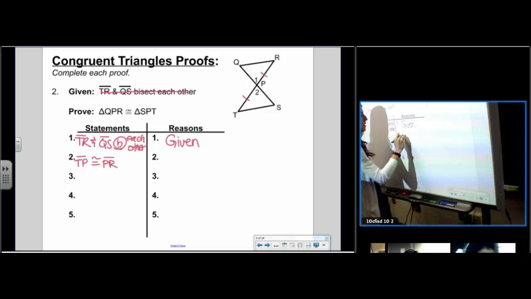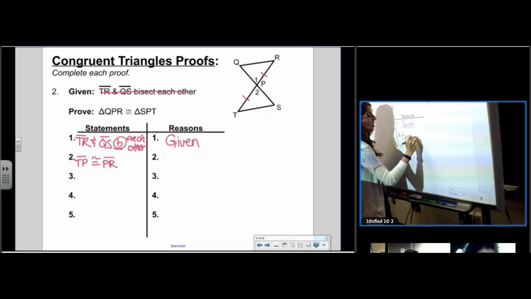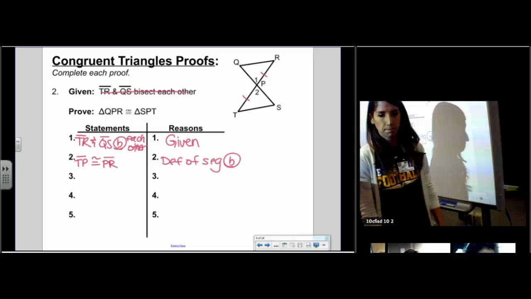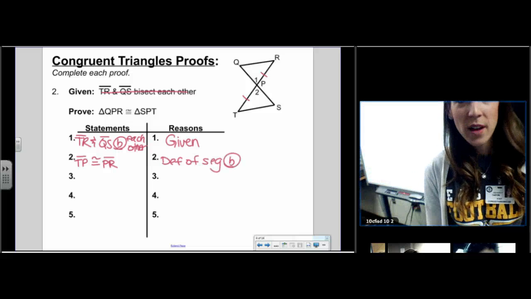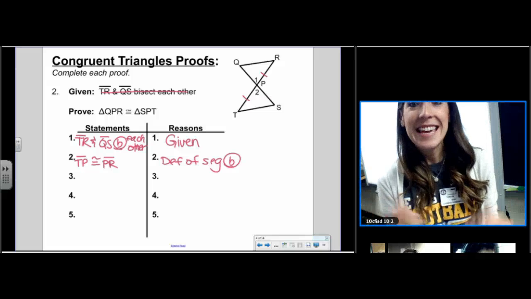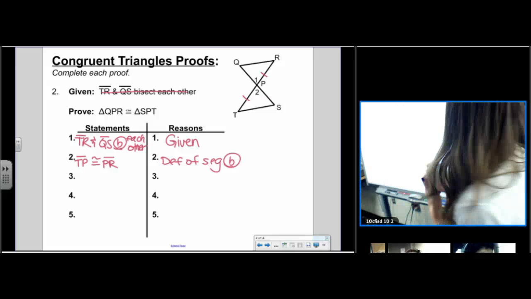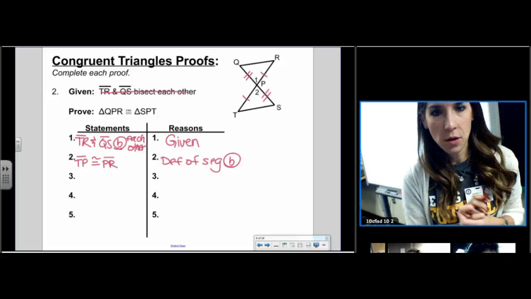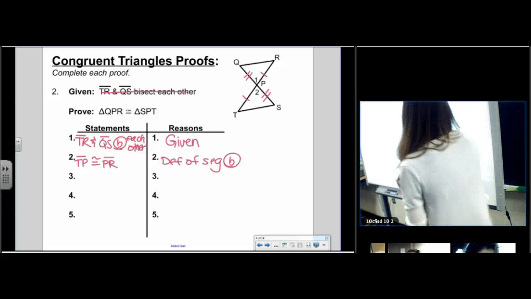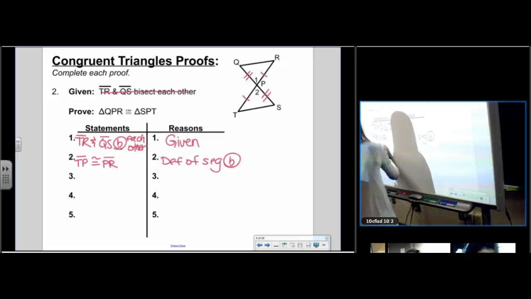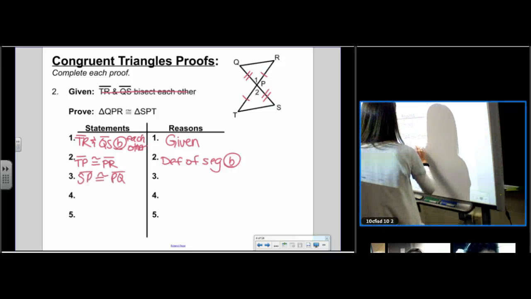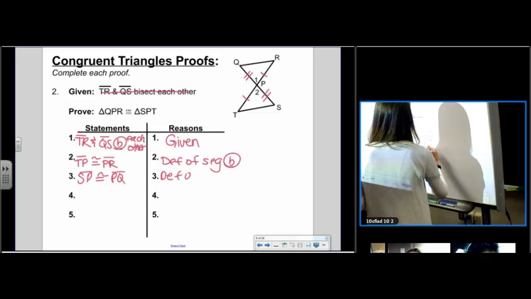What's the reason? The reason is definition of segment bisector. Those segments were bisecting each other, so we have more information. We know that SQ was also bisected, so now we know SP is congruent to PQ, also definition of segment bisector.